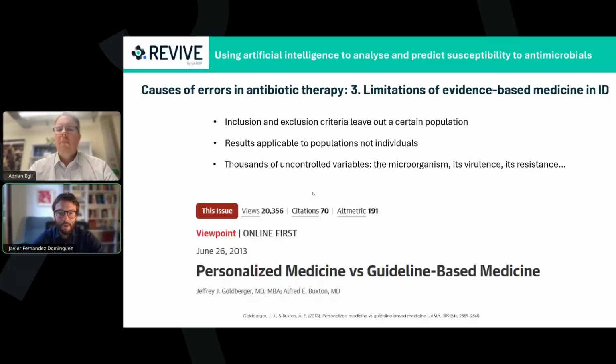Also, we know that the results of the clinical trials and the guidelines are applicable to populations, but not to individuals, and sometimes some individuals do not benefit from the recommendations of the guidelines. And there's another point: in infectious diseases we have a lot of uncontrolled variables.